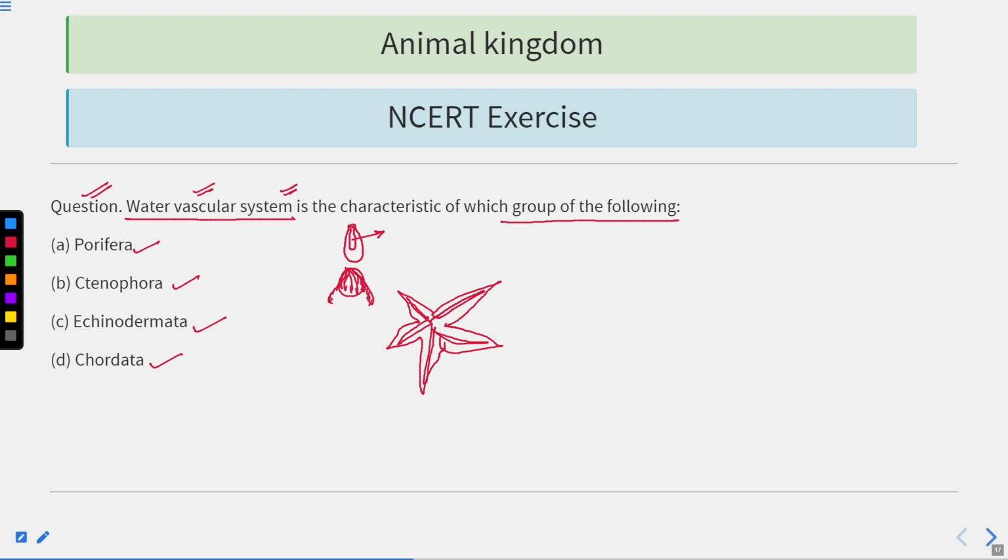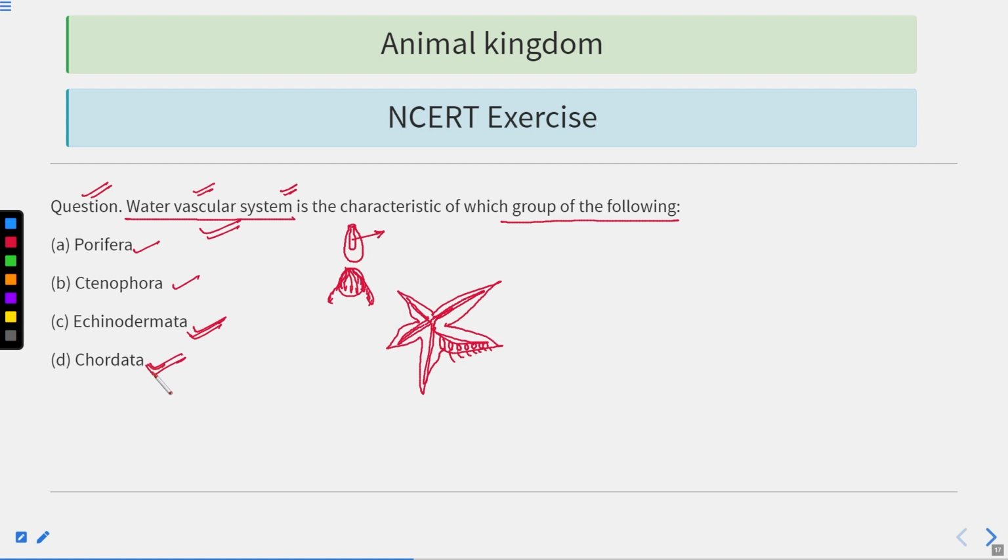And below it, they have a balloon-like structure. Now, the water enters inside this cavity and it gets filled. So the starfish becomes like this. And when the water comes out of these openings, the starfish goes down. In this way, it helps in locomotion. So this is actually the water vascular system which is found in the Echinodermata.